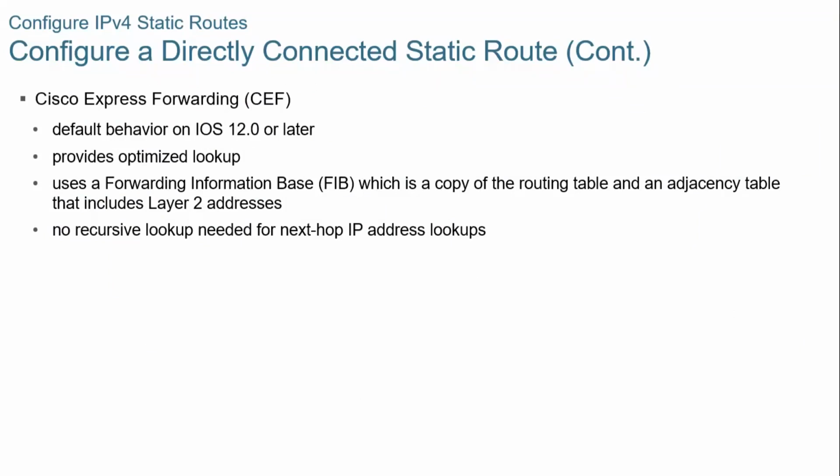And using this, it doesn't need to do recursive lookup when you use next hop IP address. So is this good? Yes. Can it always be used? No, it can only be used on routers with the IOS 12.0 and above. So older routers, they don't have CEF, so there will be a recursive lookup.